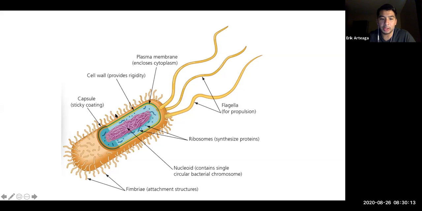You'll have different coatings on the cell wall or the external cell structures, but the main components that will always be there are the cytosol, cytoplasm, the plasma membrane, and then the genetic components and the ribosomes, okay?